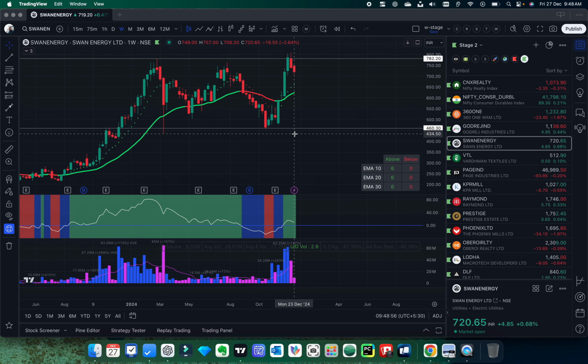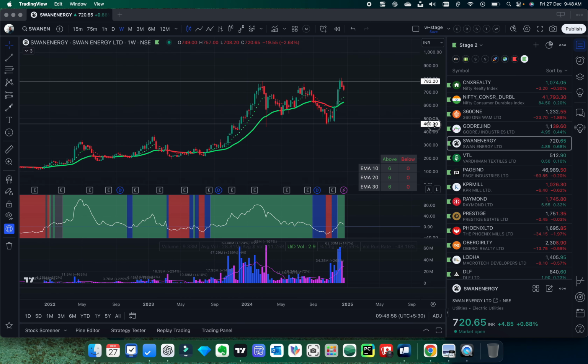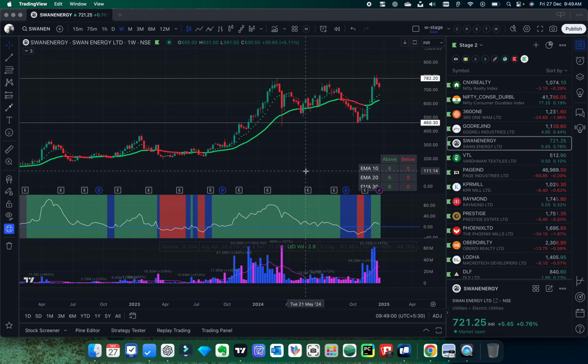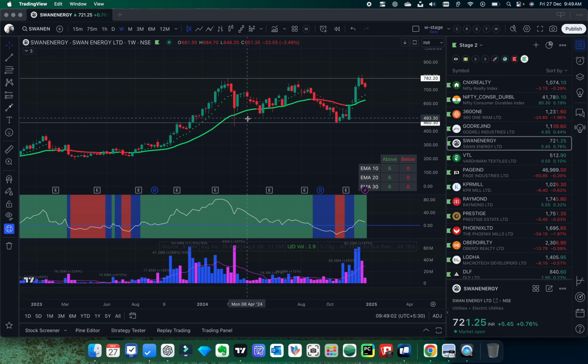Next example is Swan Energy. So this is also in stage 2. From this base it has broken out and is trading above. There is a deeper pullback here, again a pullback here. The moving average had become flat over here and it closed down.